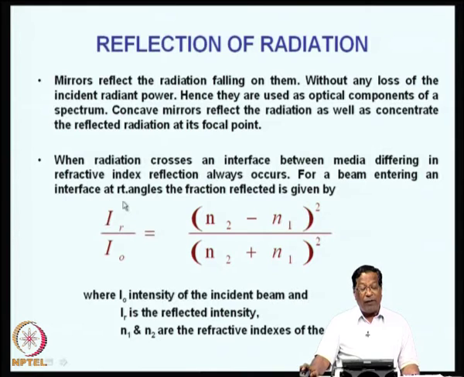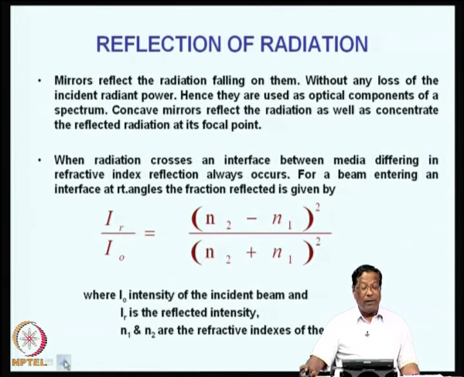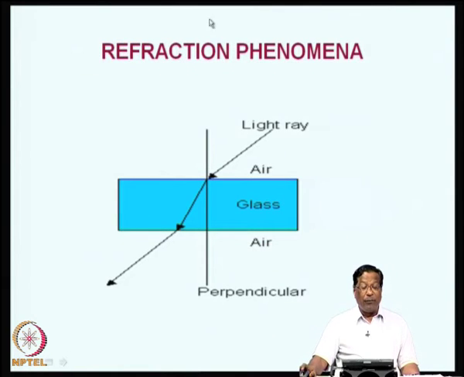For a beam entering an interface at right angles, the fraction reflected is given by IR upon I0, that is the reflection ratio, as (N2 minus N1) whole square divided by (N2 plus N1) whole square, where I0 is the intensity of the incident beam and IR is the intensity of the reflected beam, and N1 and N2 are the refractive indexes of the two media. So, this is a very simple phenomenon. Some amount, no matter what you do, reflection always occurs.